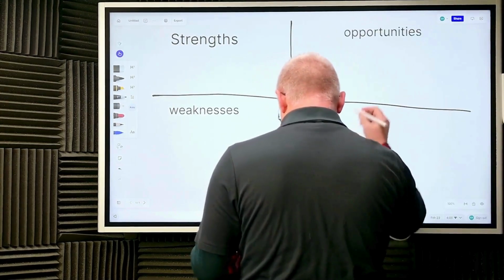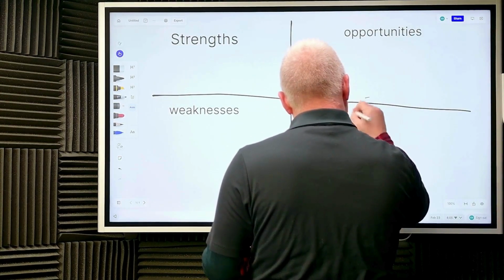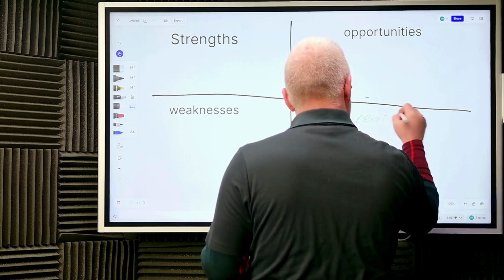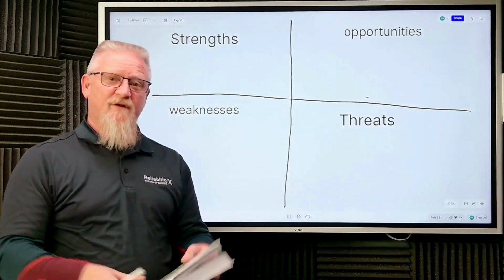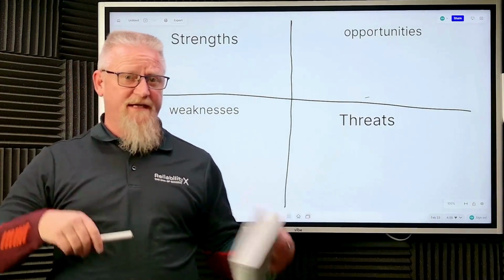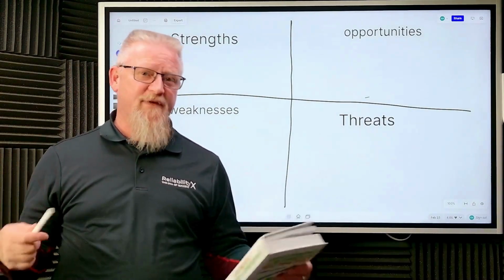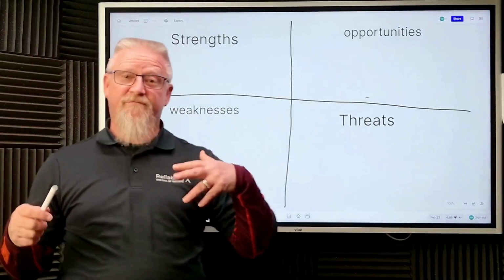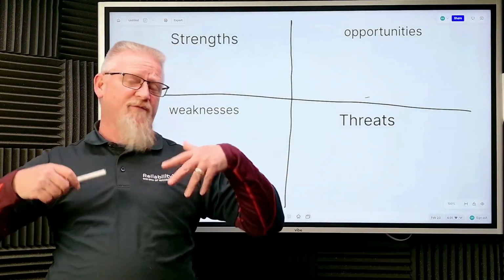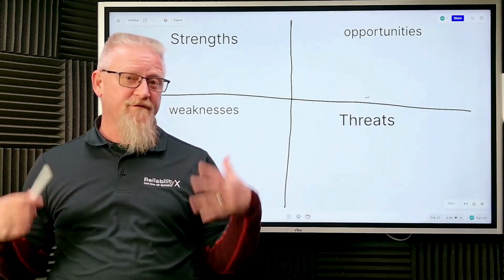And of course, we've got threats. What we look at is whether it's within our team or within the process, what can inhibit this project from being successful. So let's assume we've done all the data analysis and we have an opportunity to improve somewhere in the plant.